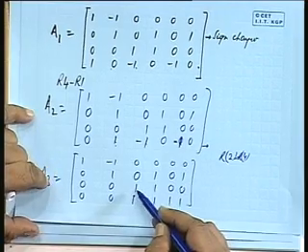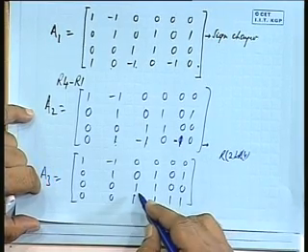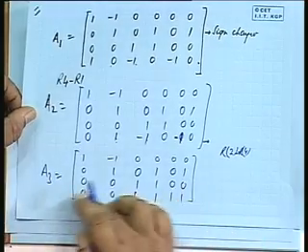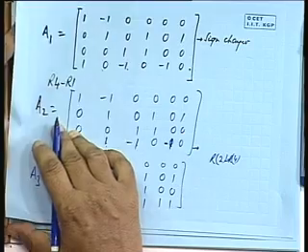Now, if I subtract 4 from 3 or 3 from 4 and replace the 4th row, what do you get?